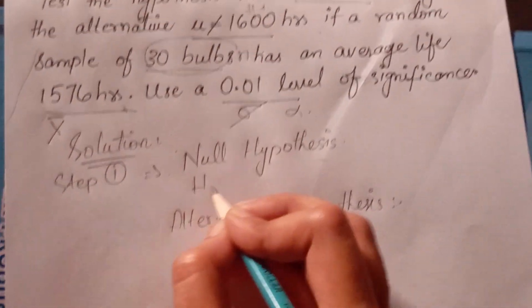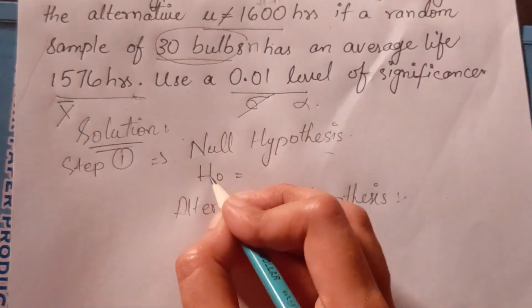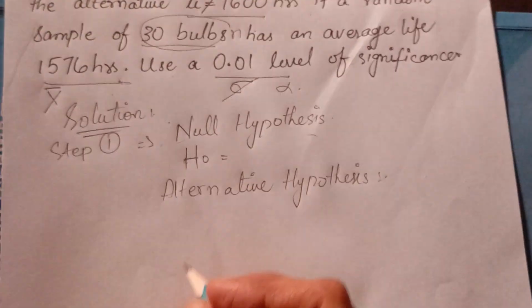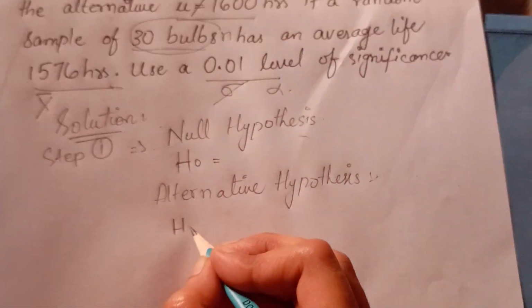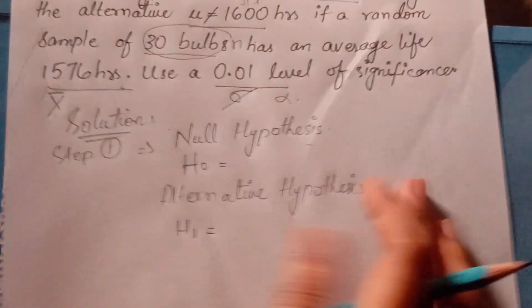The null hypothesis is represented by H naught and the alternative hypothesis is represented by H1.